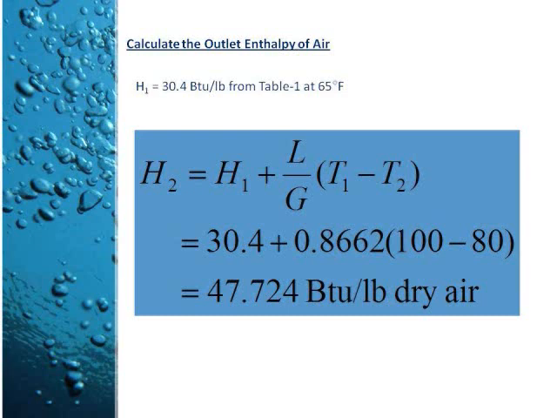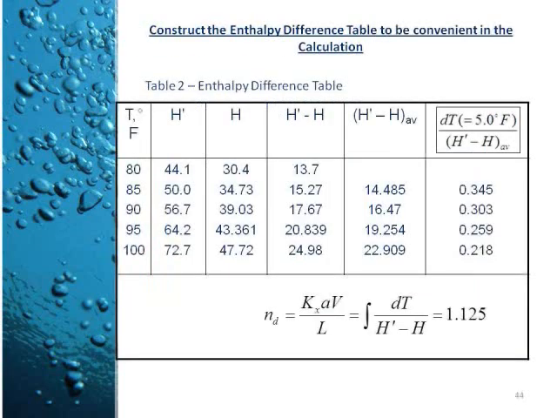At the enthalpy difference table, we will consider a range from 80 degrees Fahrenheit to 100 degrees Fahrenheit. H prime here is just literature values obtained from the air-water vapor mixtures table. H is obtained from the method of calculating the outlet enthalpy of air.